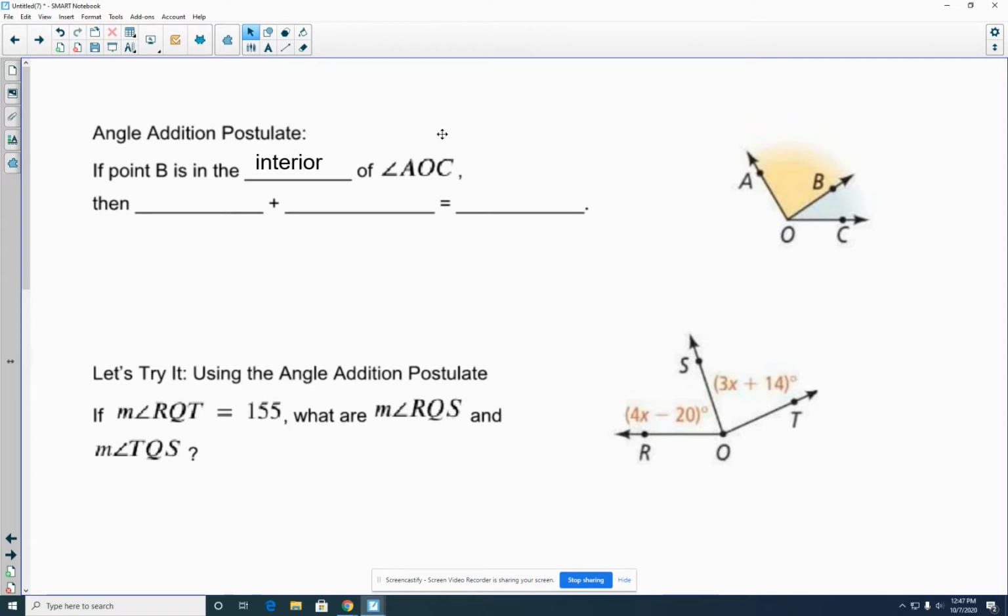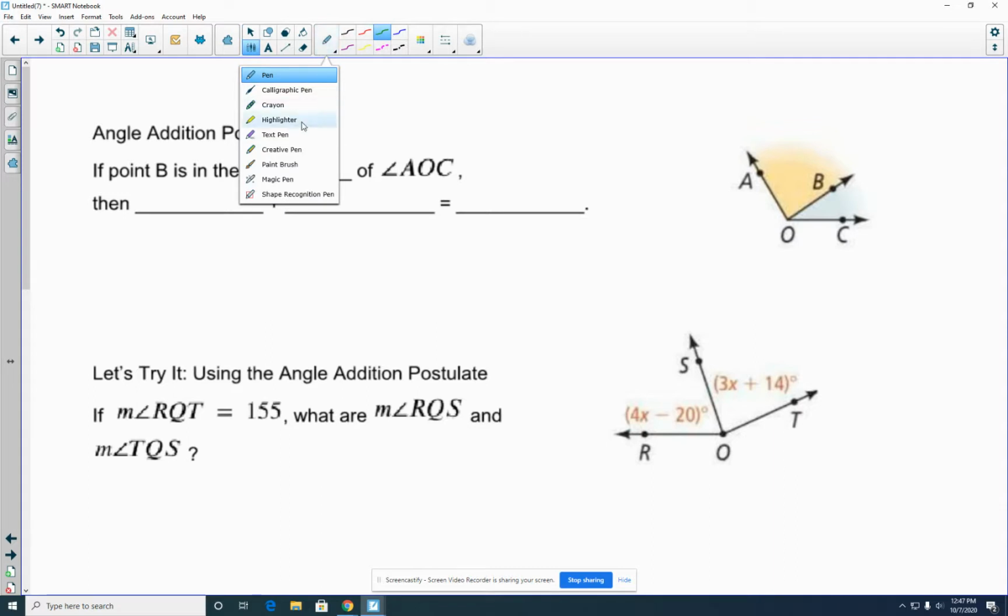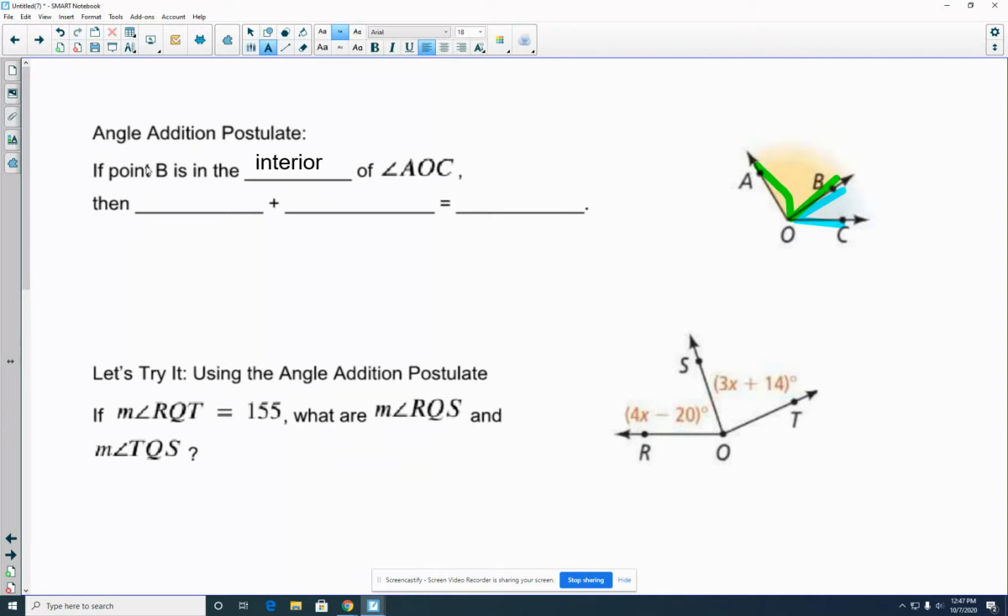If that's the case, then these two smaller angles, this angle here, AOB, and this angle here, BOC, add up to be the entire angle AOC. So we're going to write that down. We're going to write the measure of angle AOB plus the measure of angle BOC equals the measure of angle AOC.